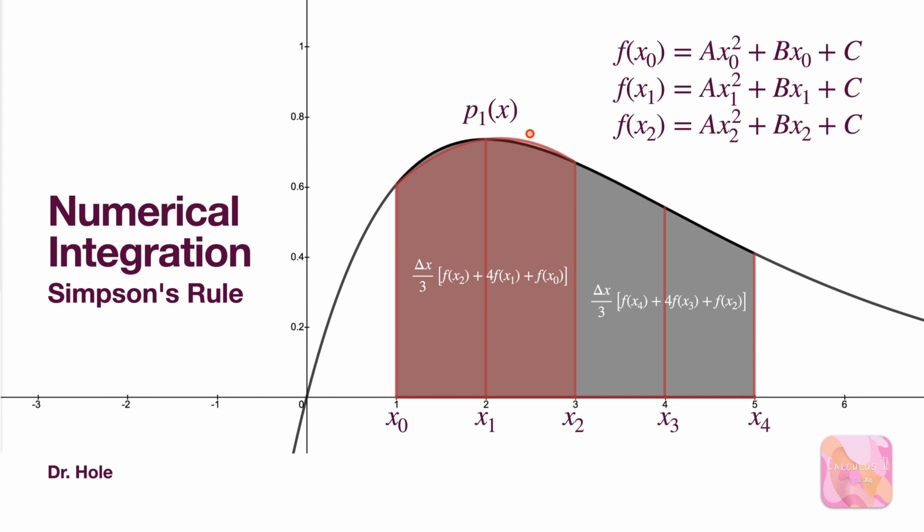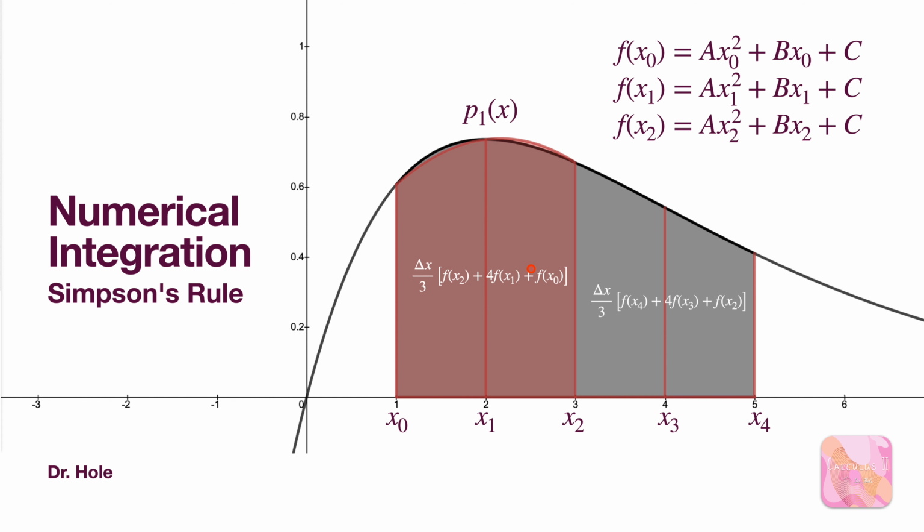And then remember that that is an approximation to the true area under the curve from x0 to x2. So then again, from x2 to x4, we can approximate the true area with the area under a curve p sub 2.